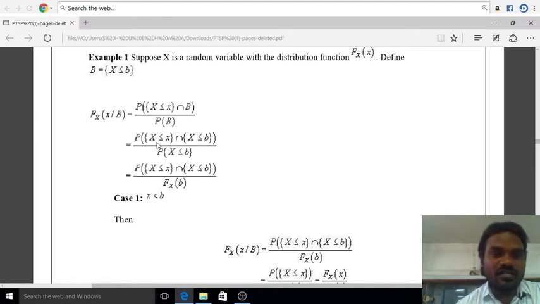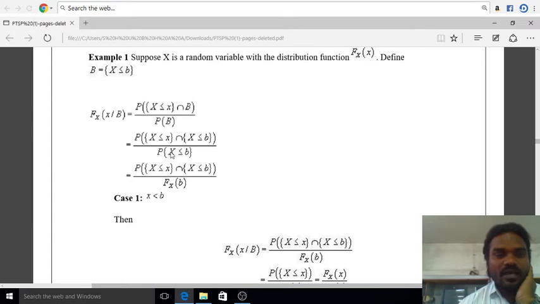In other words, we can write this as the probability of x less than or equal to small x intersection x less than or equal to b, where B can be replaced from the given example by x less than or equal to b.